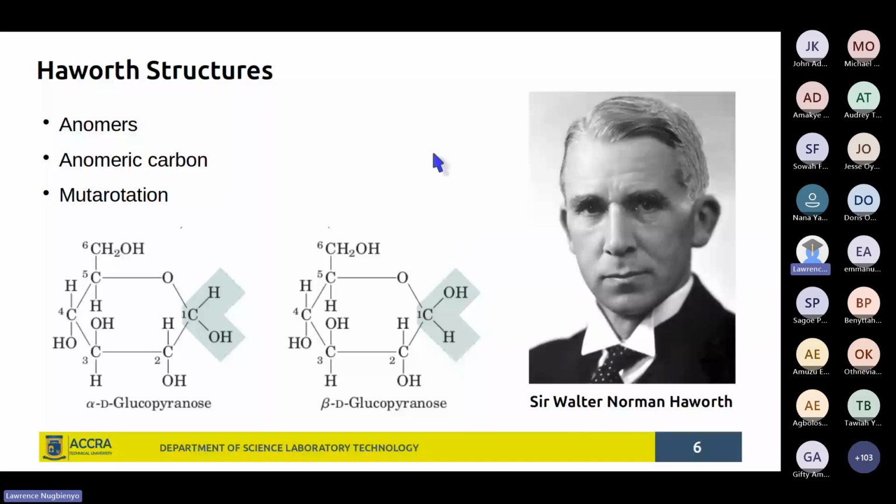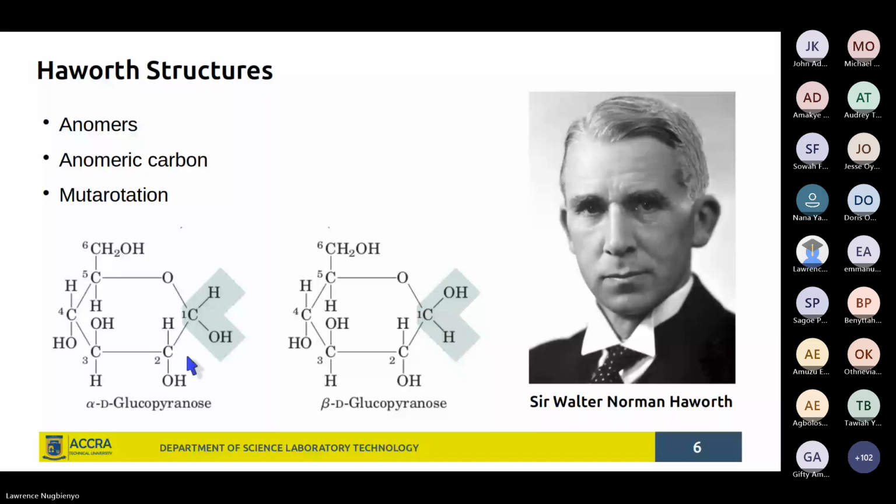So those were isomers, but they were formed based on the direction of the hydroxyl group, either left or right, on particular carbons. Here, this is a cyclic structure, and so we don't have the positioning of hydroxyl groups pointing to left or right.